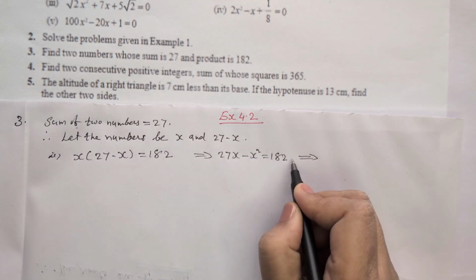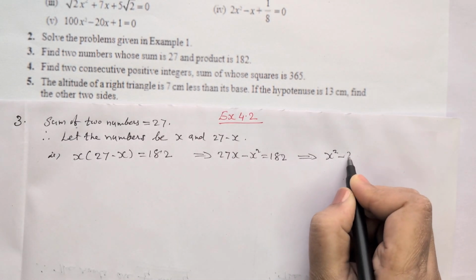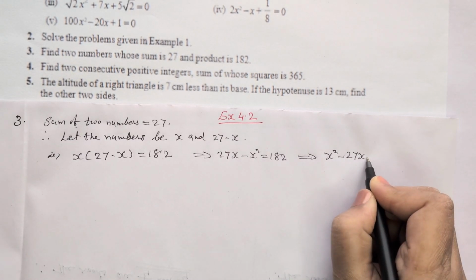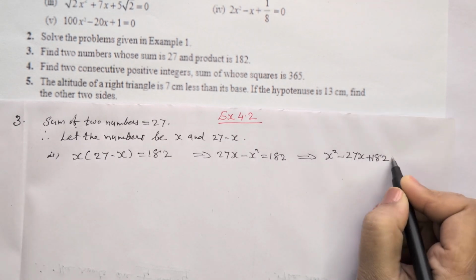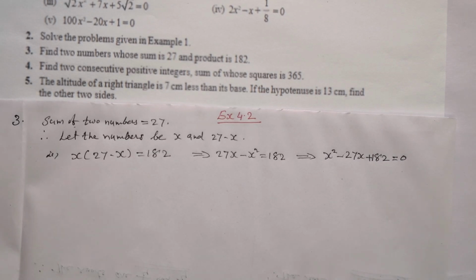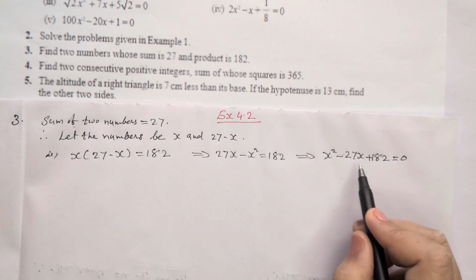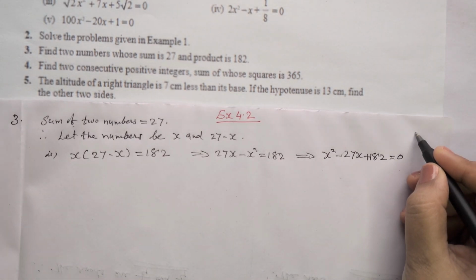Rewrite that x square to the other side. So x square minus 27x plus 182 is equal to 0. Then we have to find two numbers such that sum is minus 27 and product is 182.